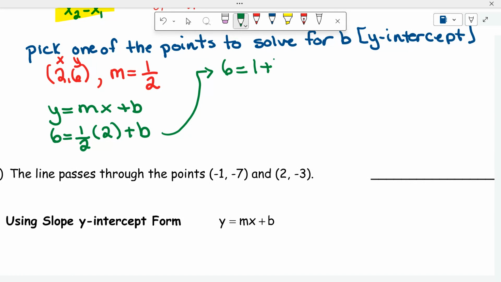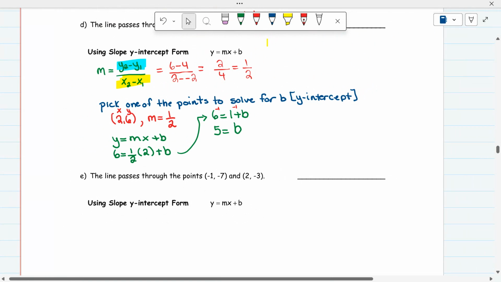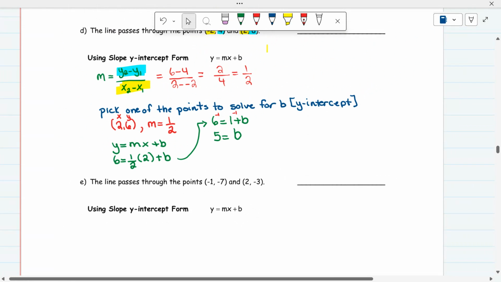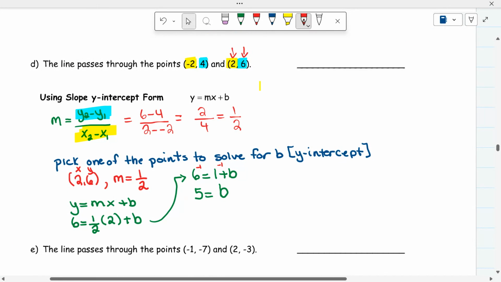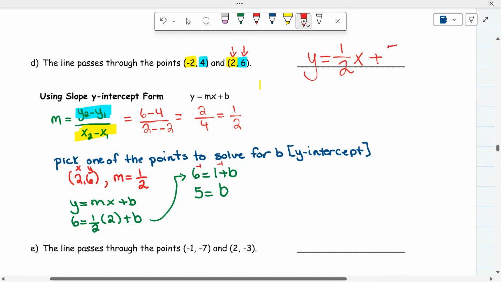Good. So it looks like b is going to equal 5. So you have m, you have b. Now you can write your equation. So y equals 1 over 2 x plus b, which is 5.